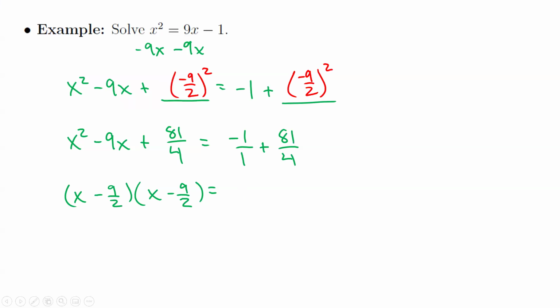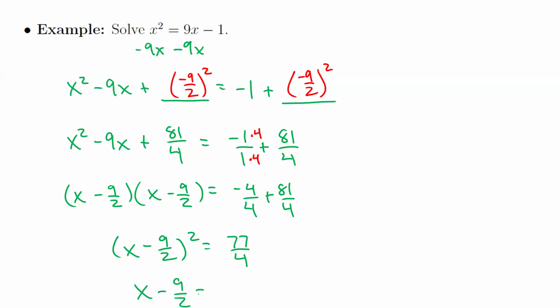And we have a common denominator of 4. So this gives me negative 4 over 4 plus 81 over 4. So x minus 9 halves squared is 77 fourths.